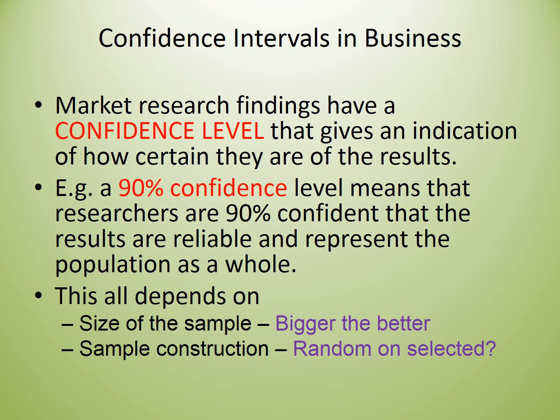Maybe not 90%, but we would certainly be up there. So the more confident you are, the better the representation, and the more accurate you feel your data actually is.